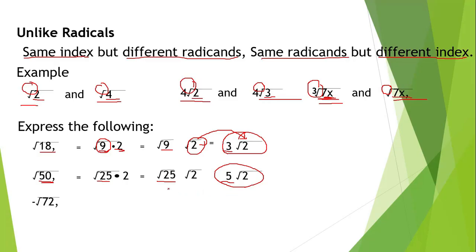Next is negative square root of 72. To factor this one, we have to make sure na yung isang factor is a perfect square, which is 36. Next, we have to find the square root of 36, which is 6, and negative 6. Then, square root of 2 will remain square root of 2. This one's the answer.